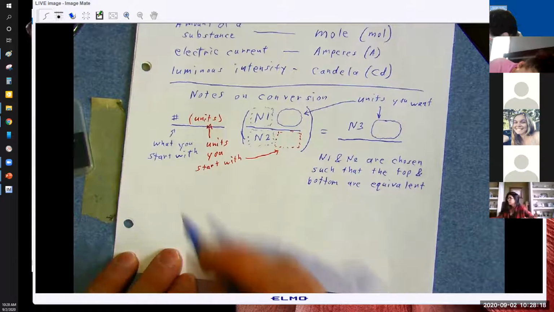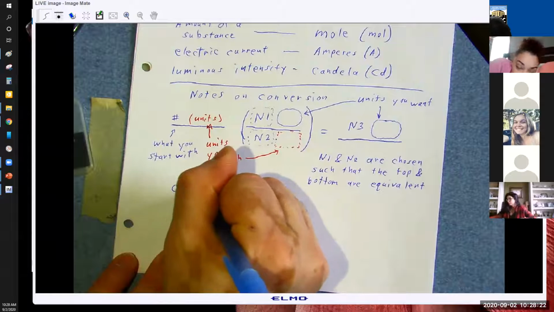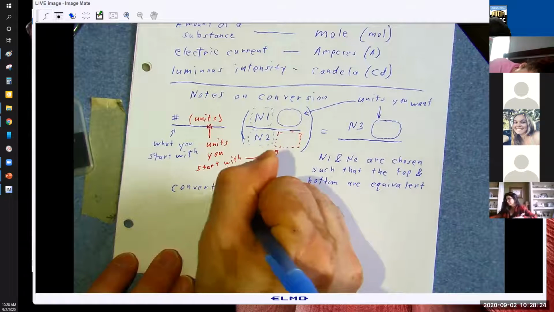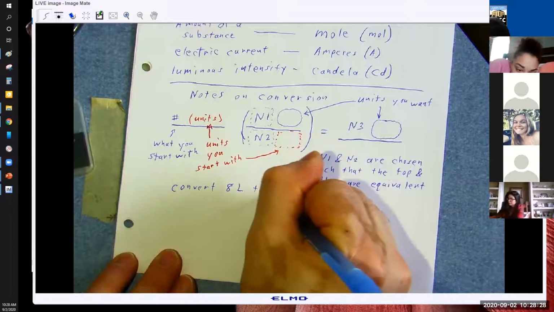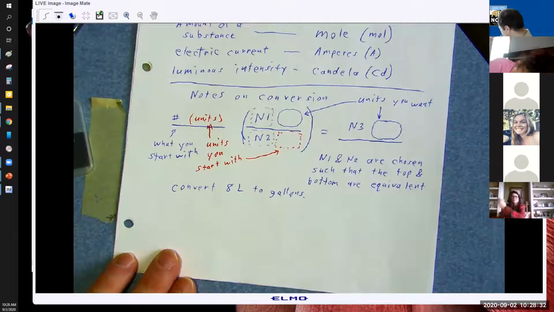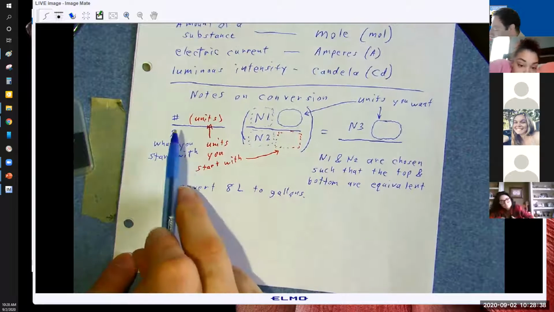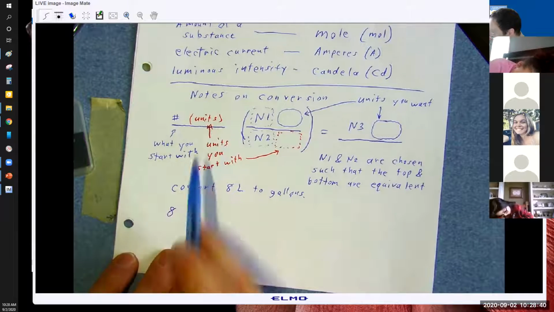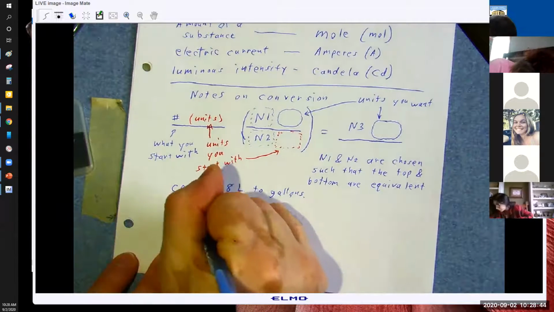So let's look at an example. You're given: convert 8 liters to gallons. So what do we do here? We say, okay, we have 8. The units on that are liters. I'll just write out liters.